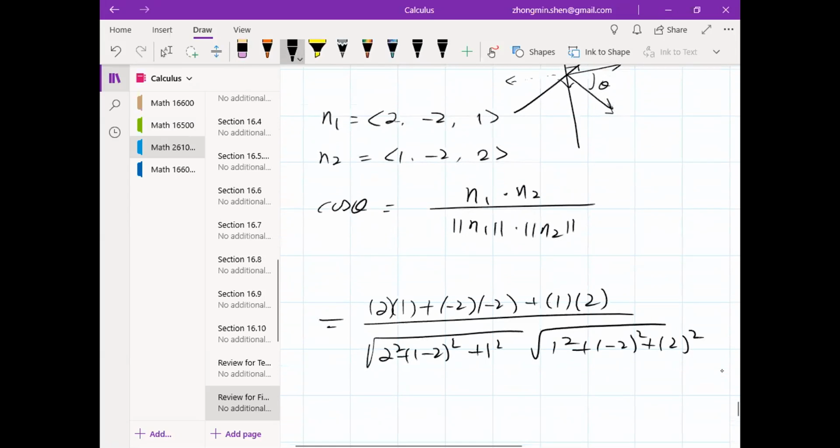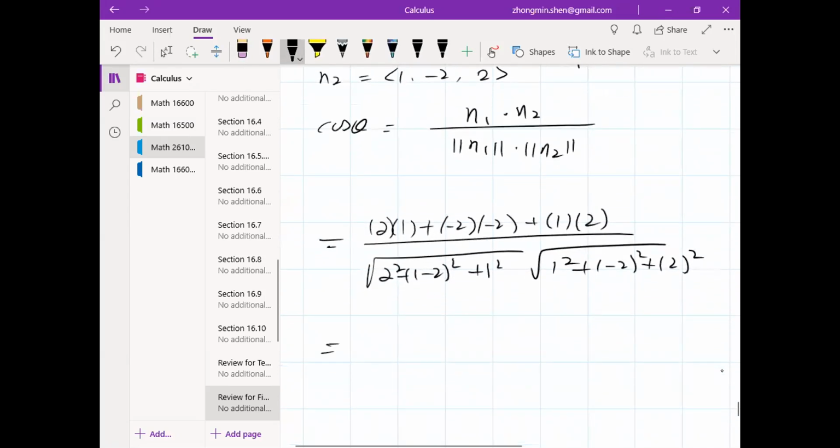So actually the denominator is not a radical, just 4 plus 4 plus 1, which is 9. And the numerator is 2 minus 4 plus 2, which is 0.